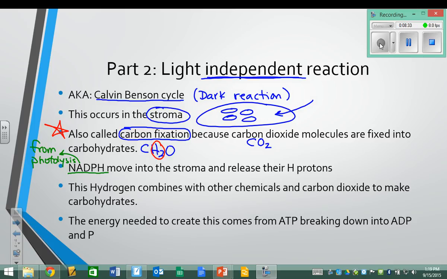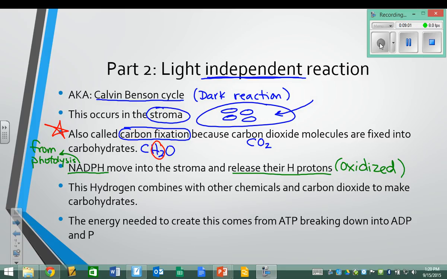This NADPH moves into the stroma and releases its H. In other words, it gets oxidized. It had an H, it's going to bring it from photolysis to the light-independent reaction, release the H. It's going to get oxidized.